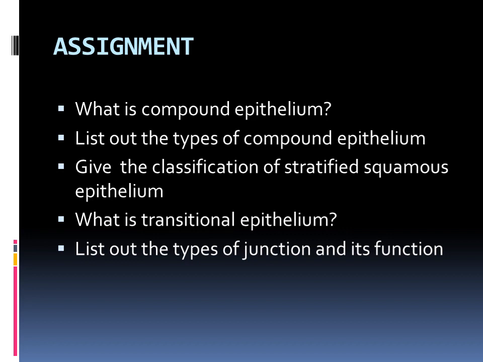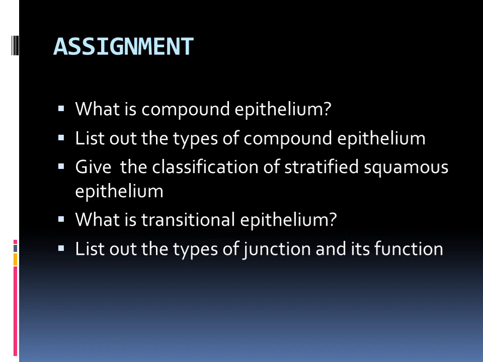Then list out the types of compound epithelium. Compound epithelium is again classified as stratified as well as transitional. Then give the classification of stratified squamous epithelium. Stratified squamous epithelium is further classified as keratinized as well as non-keratinized type.